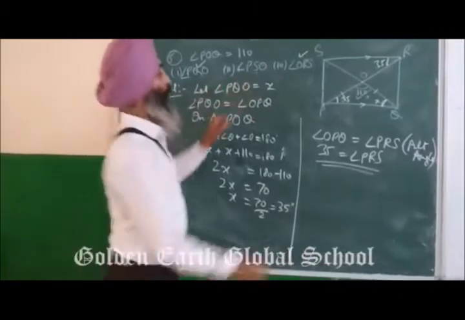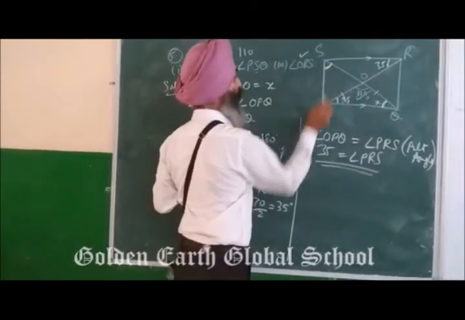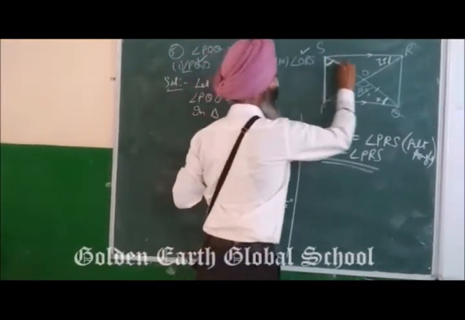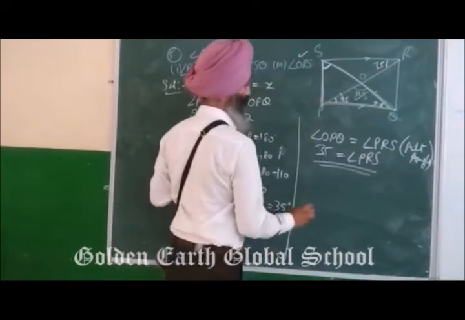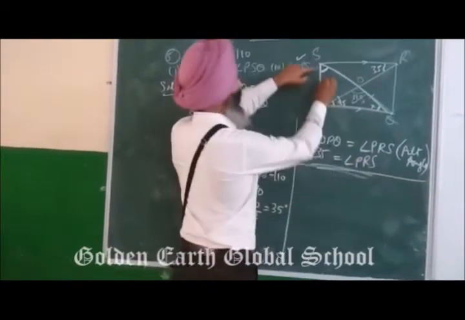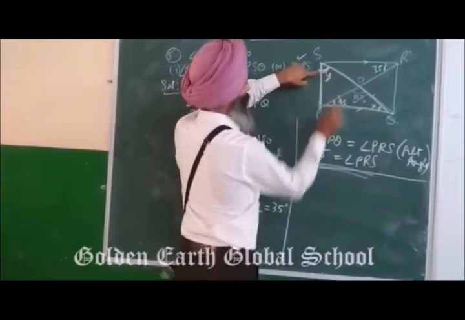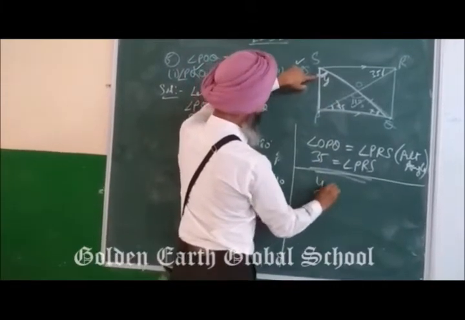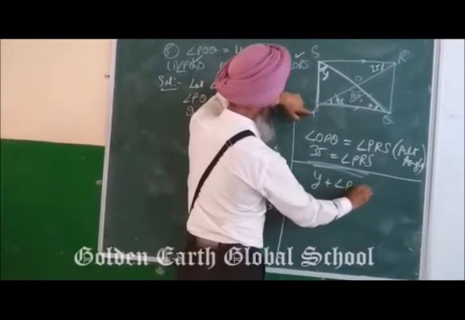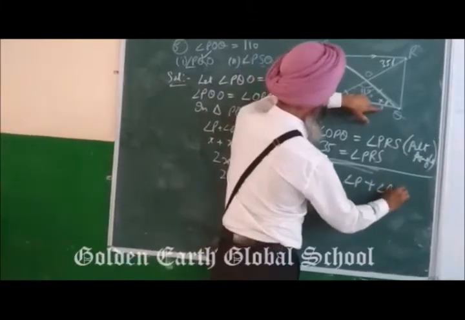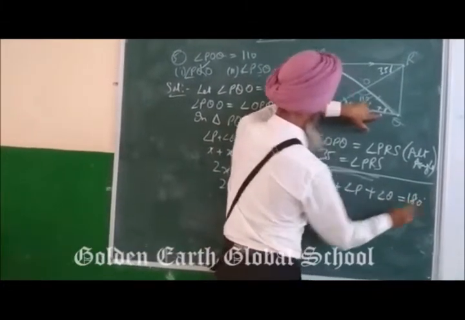Now रहेगा PSQ. So this angle, how to find? Take this triangle, a right angle triangle. In this right angle triangle, this you have to find. So let's say y, angle P is 90 degrees and angle Q we already know that is 35 degrees now.